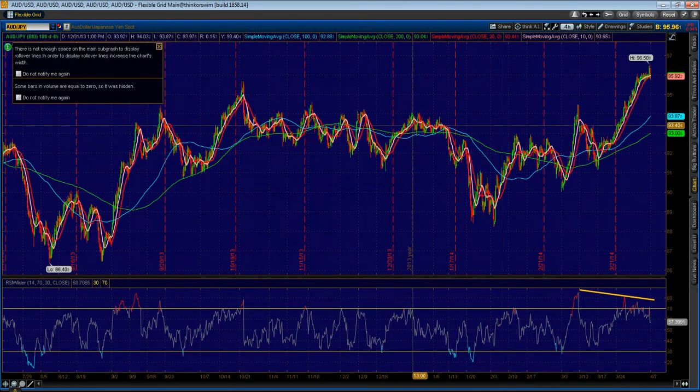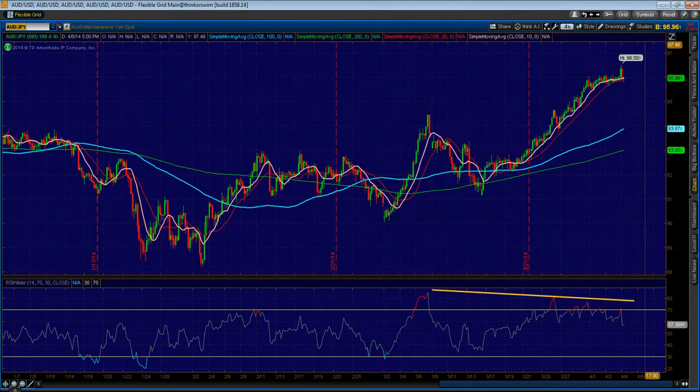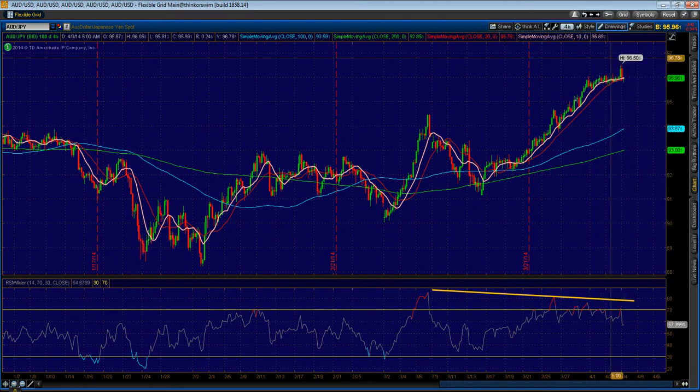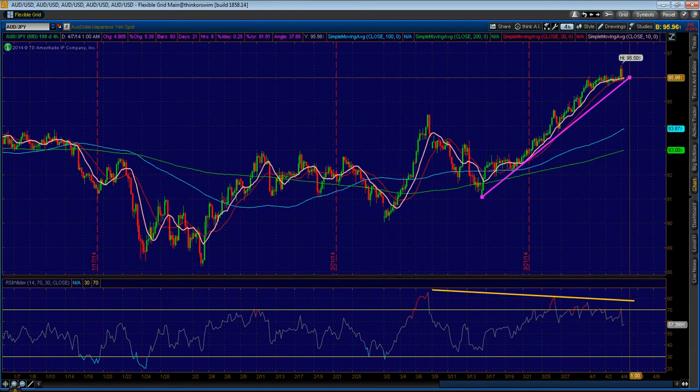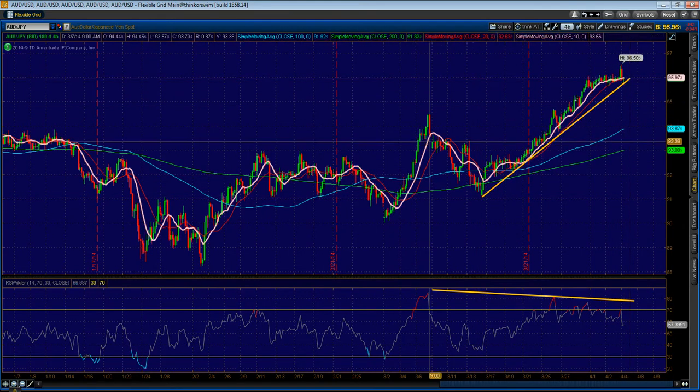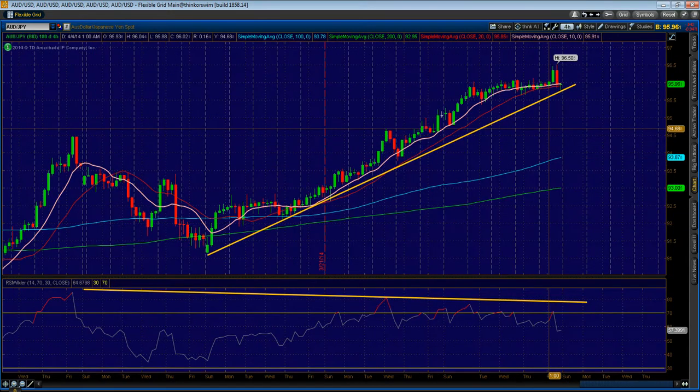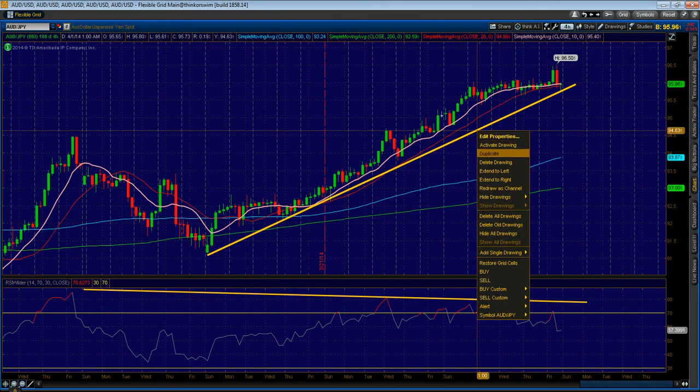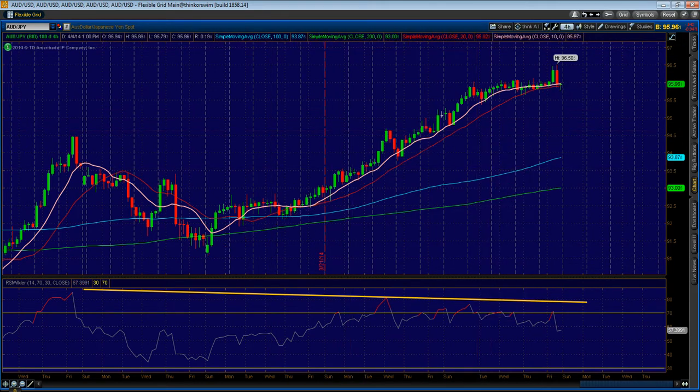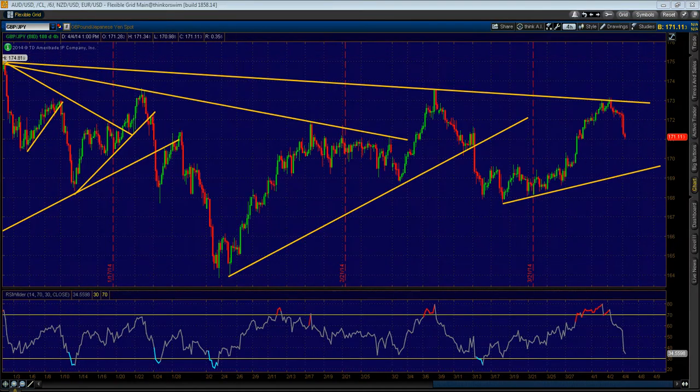But just going back to the Aussie yen, not only do we have those two key areas, but now mixing it with the rising trend line, a clear break below will expose further downside risk. From a correlation standpoint, I talked about this yesterday, but we'll reaffirm it, is the Kiwi yen.